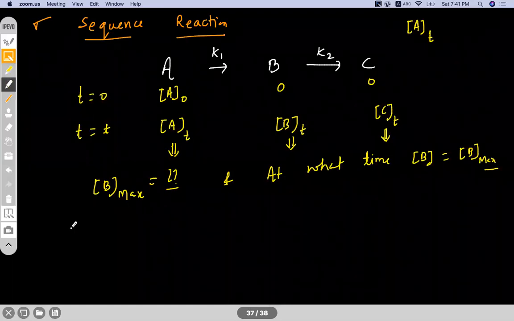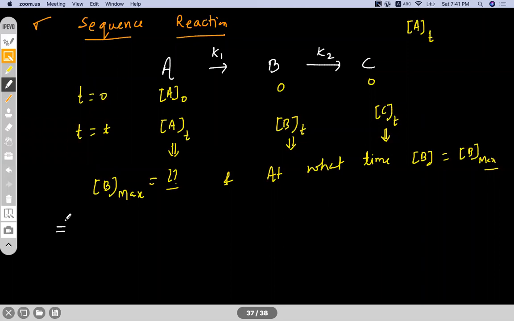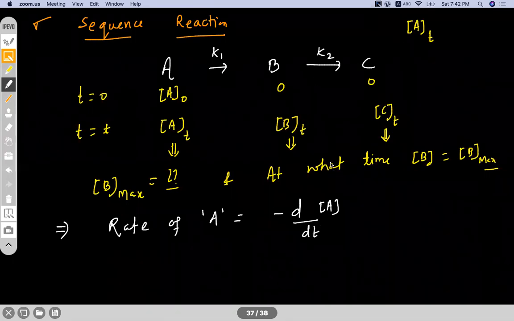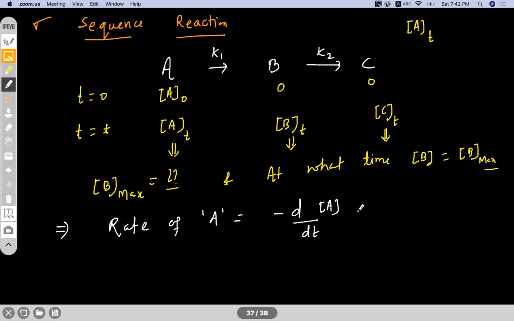First of all, we are assuming all these are first order reactions. So the rate of disappearance of A is minus d[A]/dt, which equals the rate constant K1 into the concentration of A to the power 1.